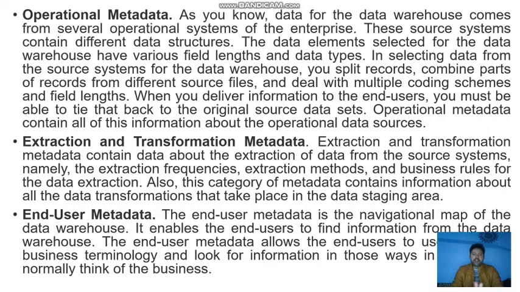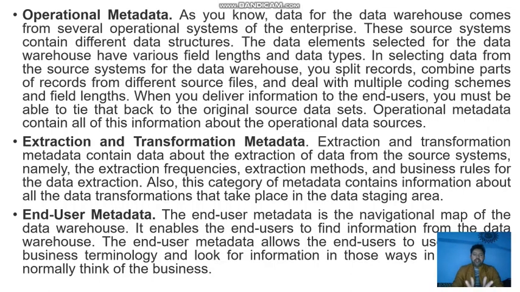Then we have extraction and transformation metadata. It gives you information about how to extract the data, how to filter the data, how to transform the data, the extraction frequencies, extraction methods, and the rules for data extraction. So it contains information about all the transformations that take place in the data.